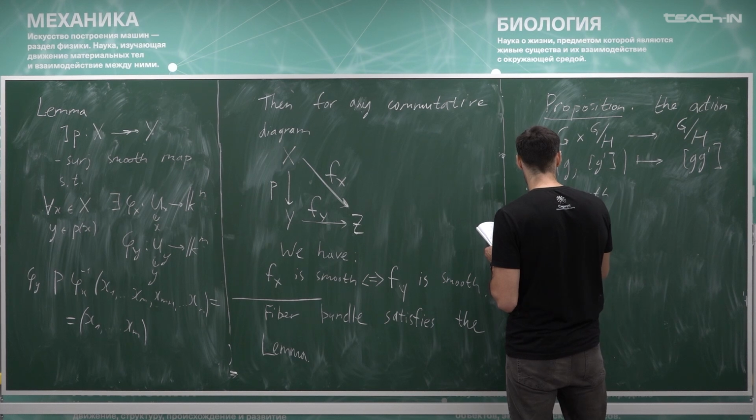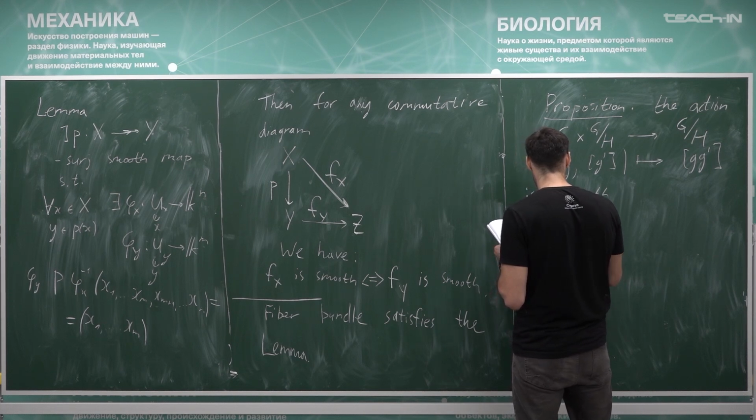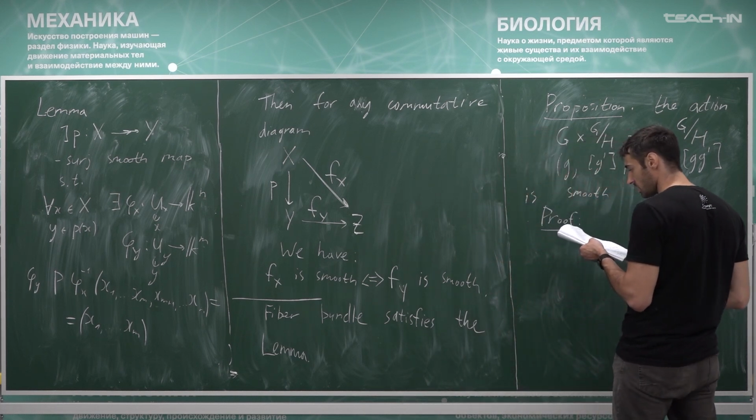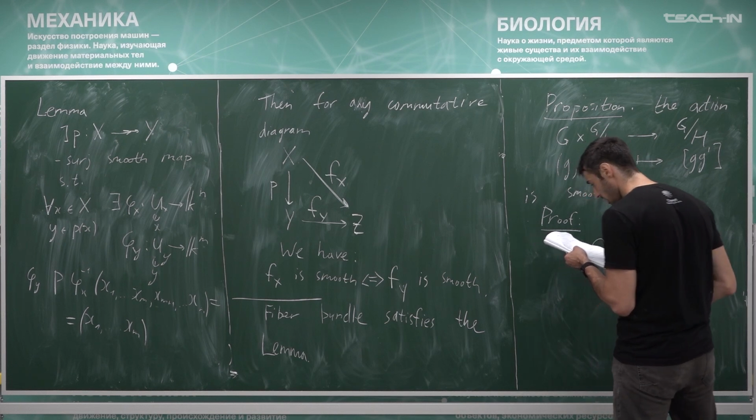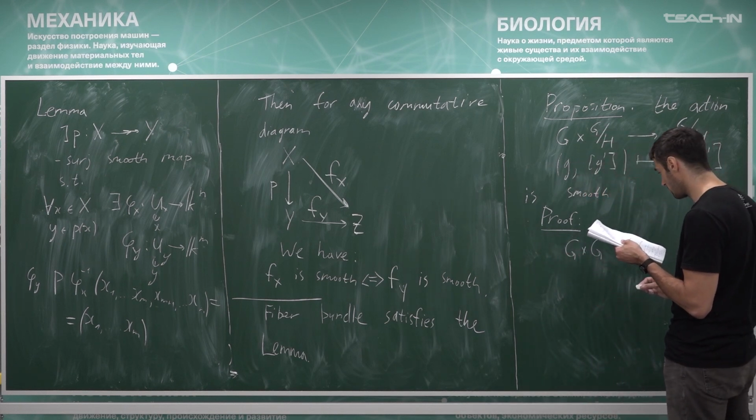So proof is this. We take G times G. Let's draw some commutative diagrams.